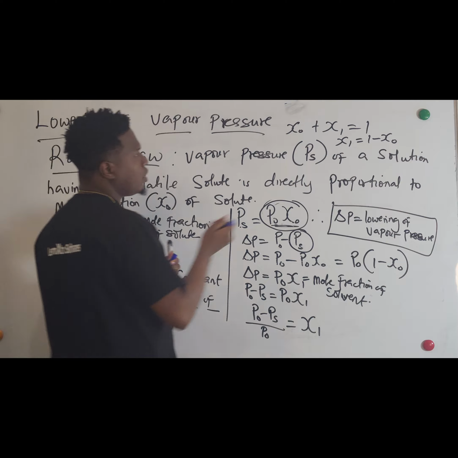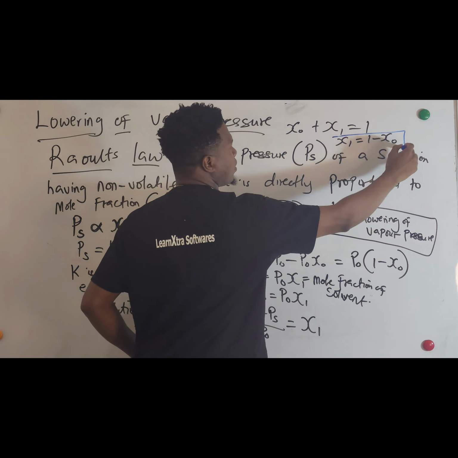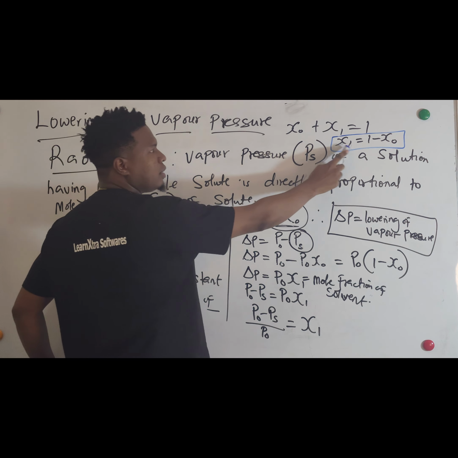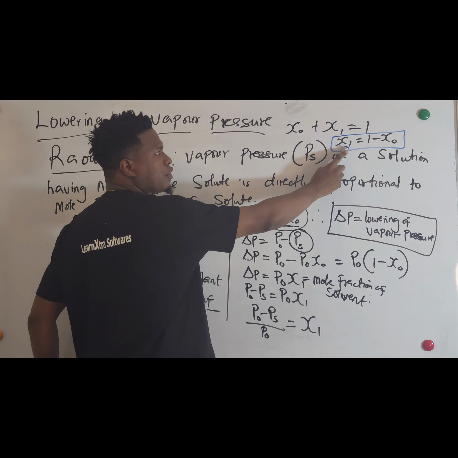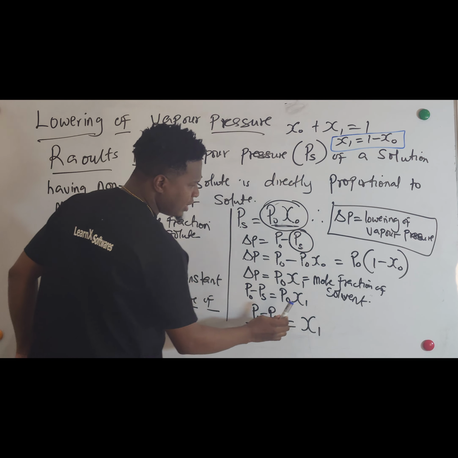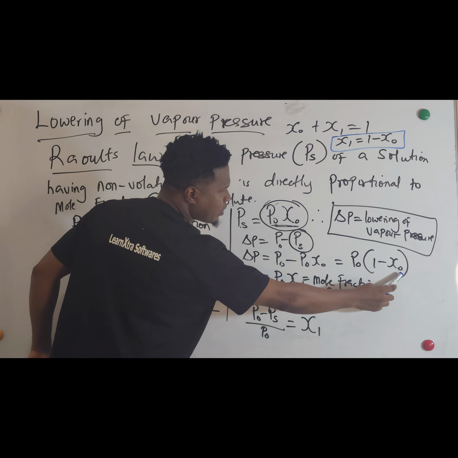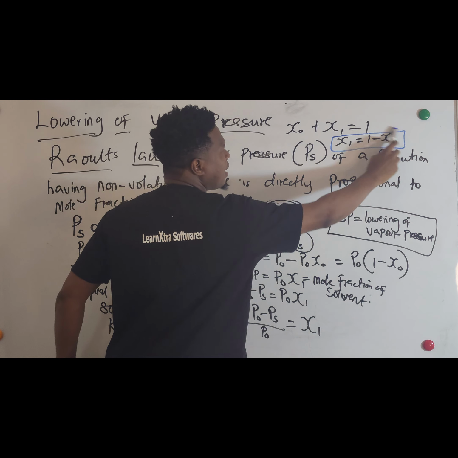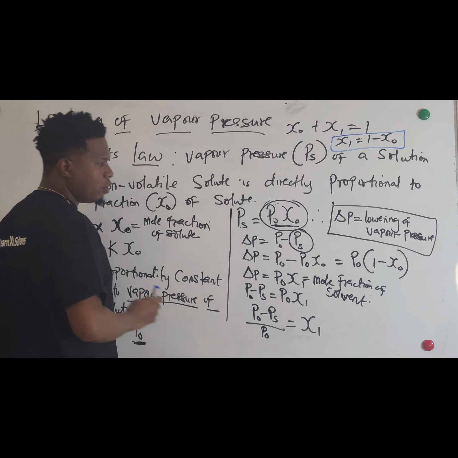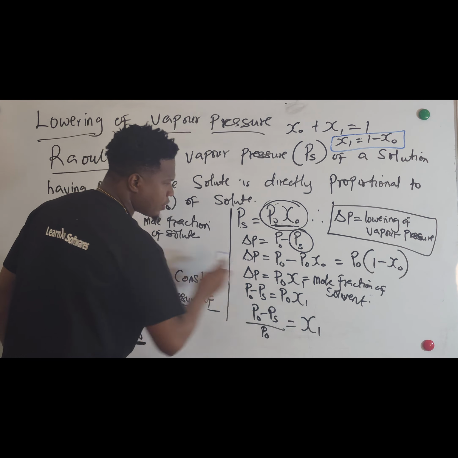Look at this. X1, the mole fraction of the solvent, is equal to 1 minus X naught. So removing this and replacing it with X1, which is the mole fraction of the solvent, we'll have P naught X1.